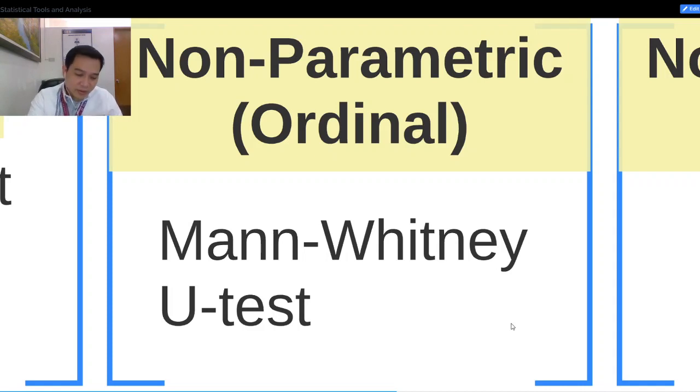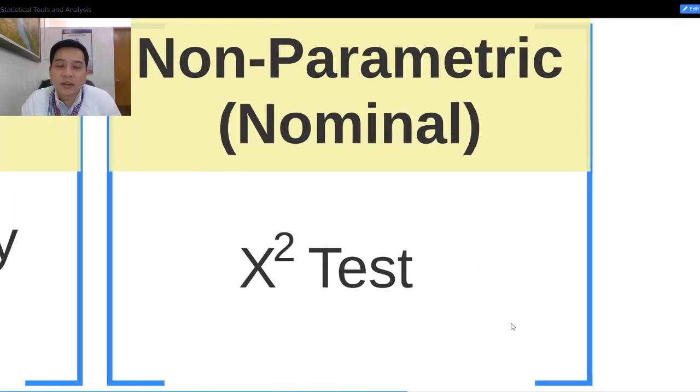Now, same scenario, but your data is nominal, then you will be using the chi-square test. That's the symbol for that. The x is the chi, and the 2 is square. That's why you call it a chi-square test.